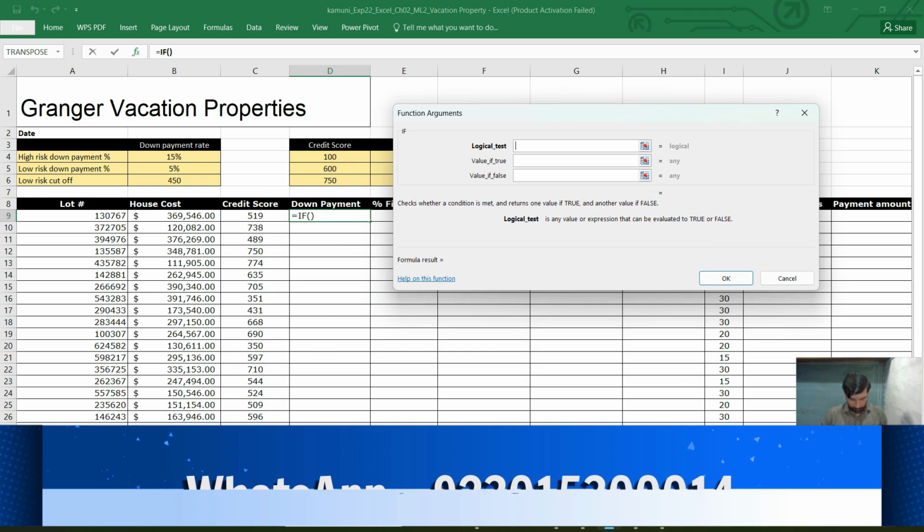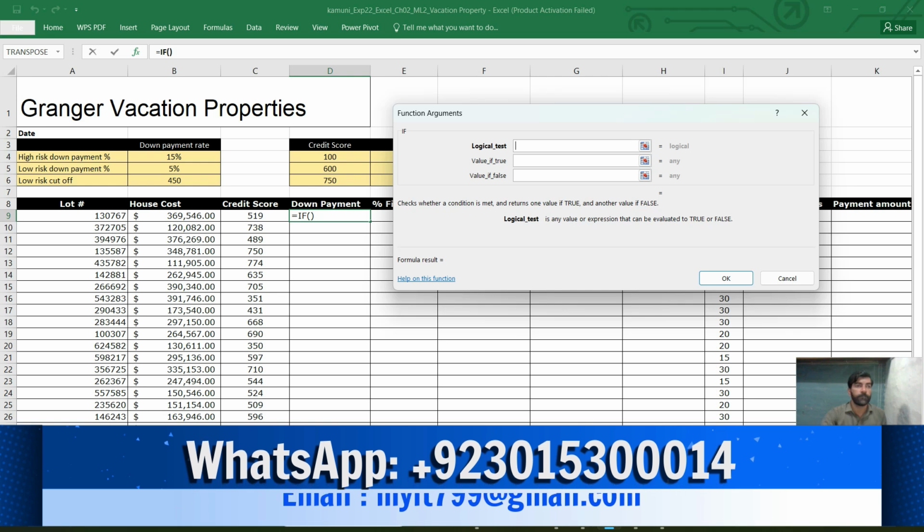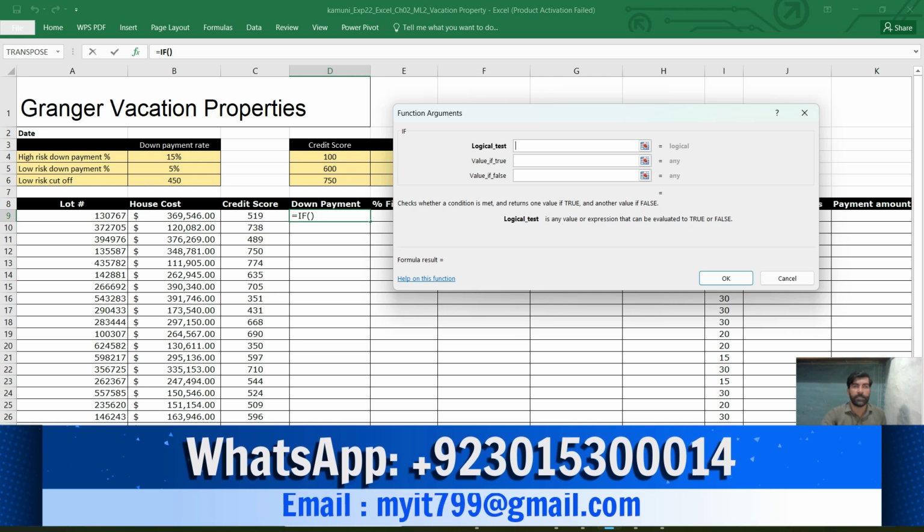In the logical test, we put C9, that is the credit score, and C9 should be less than B6, and this is B6, that is the low risk cutoff. And just place the reference here.